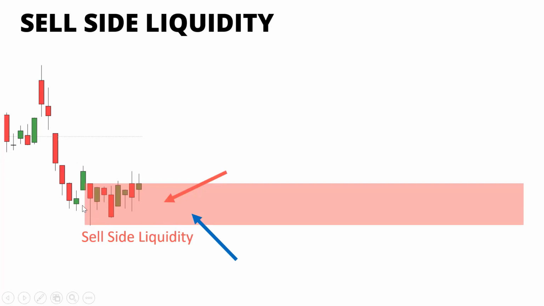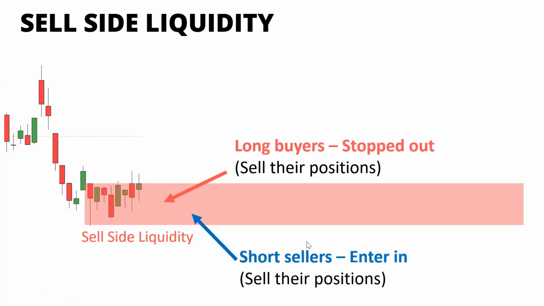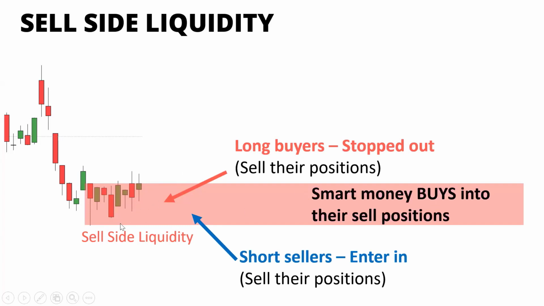This is where they would what? They would get stopped. So there are a lot of sell orders coming within this area of the sell-side liquidity. Then what happens is smart money comes and they sweep the liquidity. So long buyers are stopped out, they sell their positions, and shorters enter into their positions. Smart money buys into their sell positions.